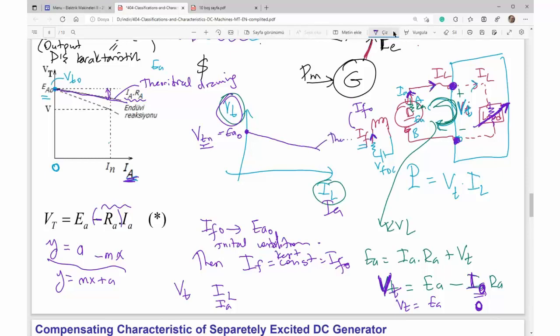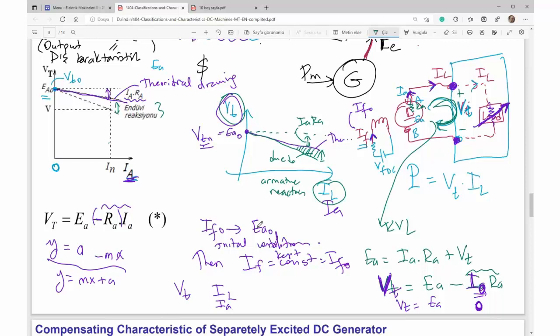In reality, it is a little bit different. There is a nonlinear relation here. The reason the voltage drops extra is that the voltage drop here is armature current times RA, but this additional voltage drop cannot be seen in the equation. That is due to armature reaction. It cannot be modeled. We cannot make any certain equation for this.